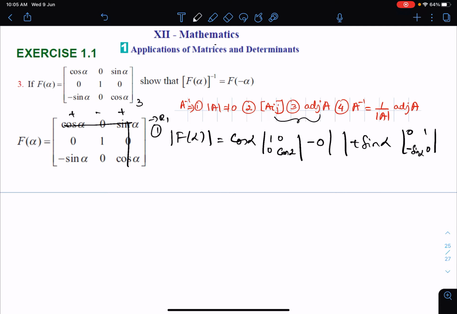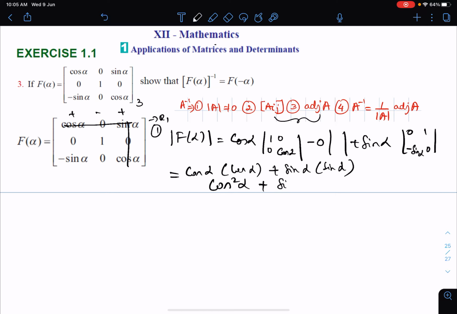Now expanding, you get cos alpha into cos alpha plus sin alpha into sin alpha, that is nothing but cos square alpha plus sin square alpha, that is equal to 1 according to trigonometric formula. So not equal to 0, therefore f inverse of alpha exists.